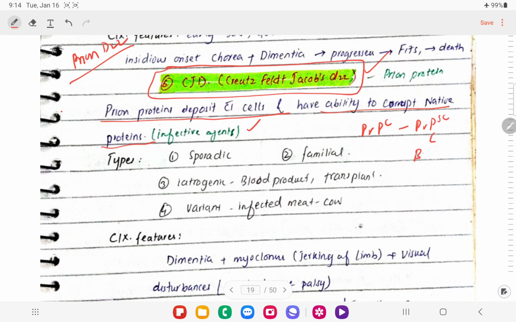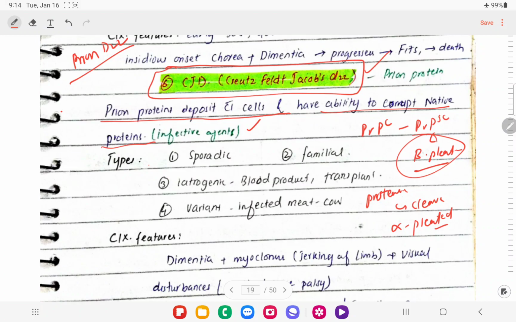That is the beta-pleated sheet, and this is resistant to our protease. Our normal protease can cleave alpha-pleated sheets only, right? So they cannot cleave beta-pleated sheets. When they cannot cleave beta-pleated sheets, this is going to deposit in our cells, right?